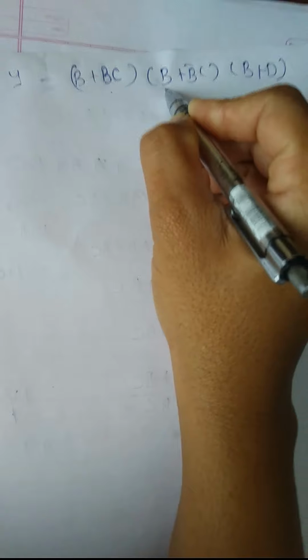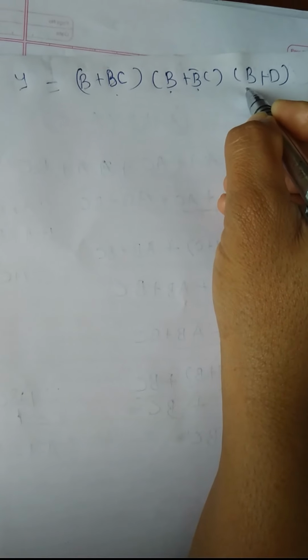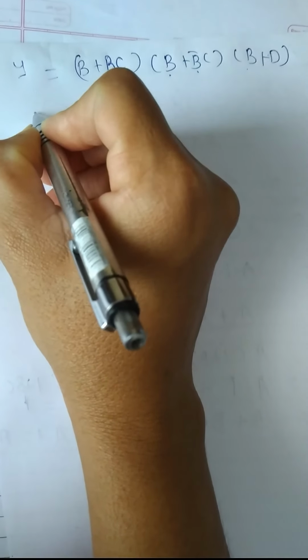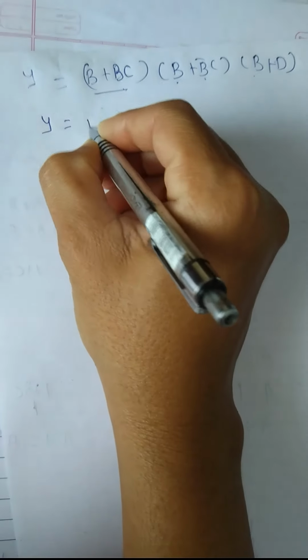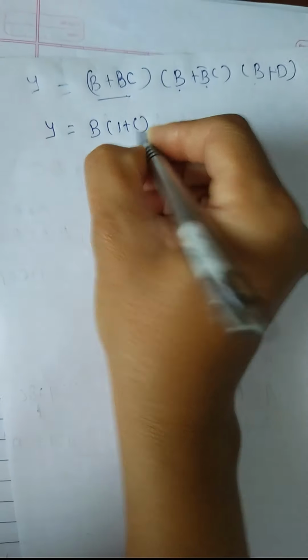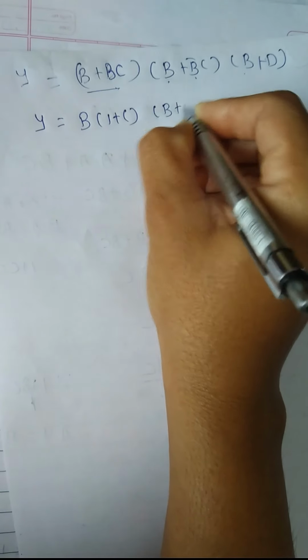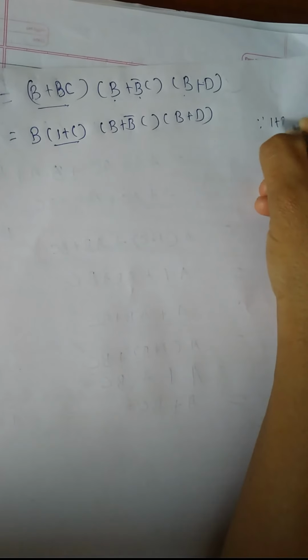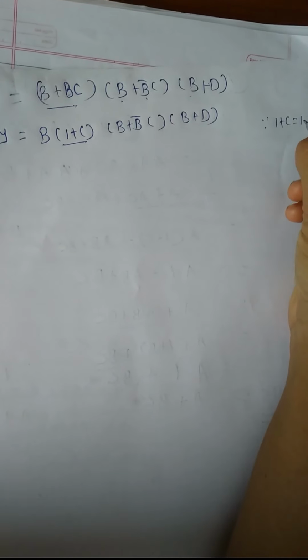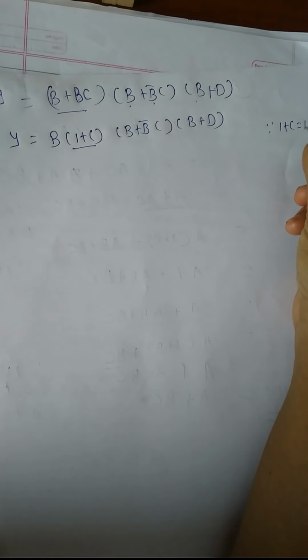Y is equal to b plus c into b plus b bar c into b plus d. So only LHS is given. So y is equal to, in the first term b is common, b into 1 plus c, into b plus b bar c, into b plus d. Since 1 plus c, that law 1 plus a is equal to 1, so that term 1 plus c is represented as 1.